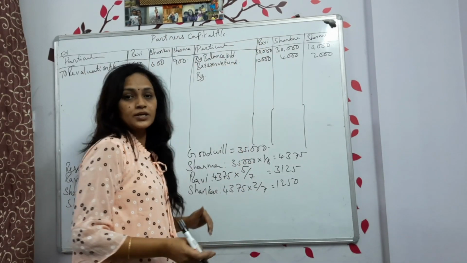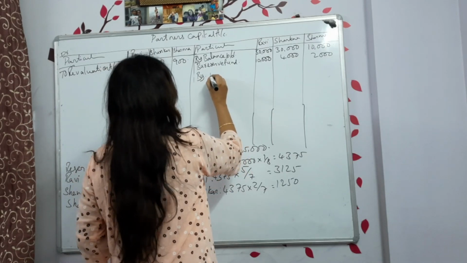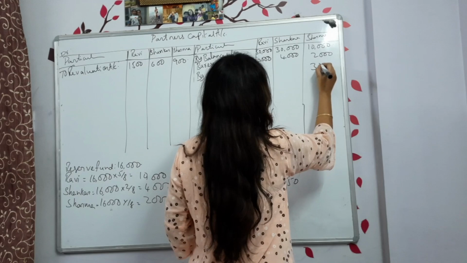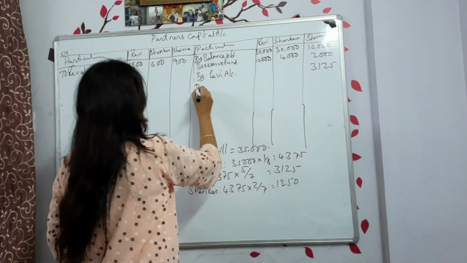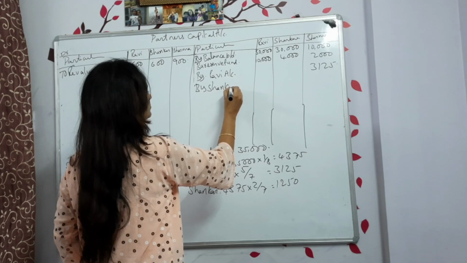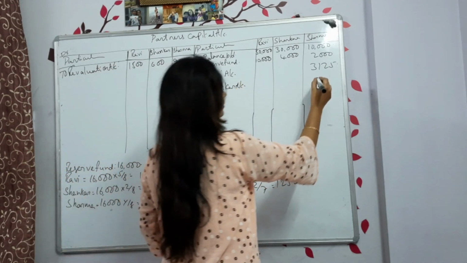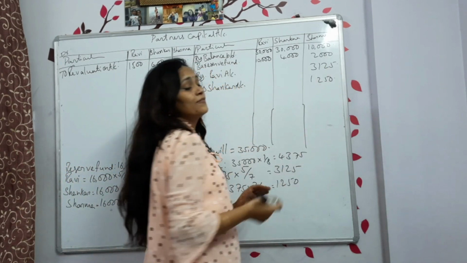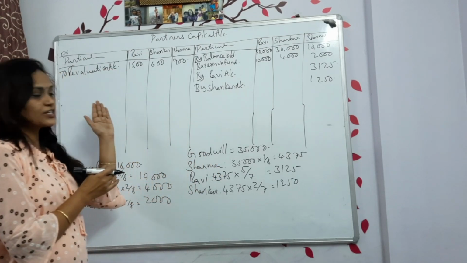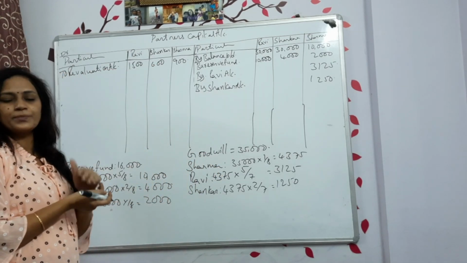Ravi and Shankar. So now his amount will be increased by Ravi account 3,125, and Shankar account 1,250. The amount is paid, so where should it reduce? You have to write it on the debit side, then the capital amounts will be reduced.